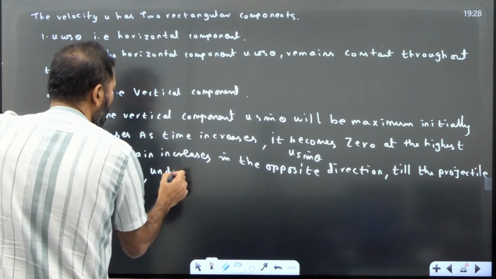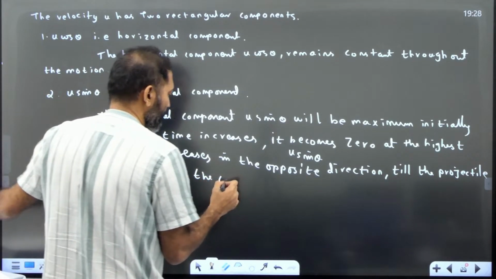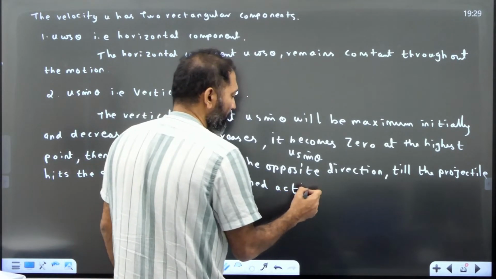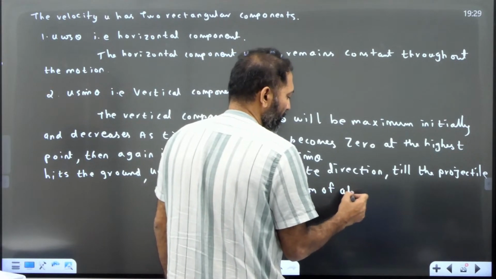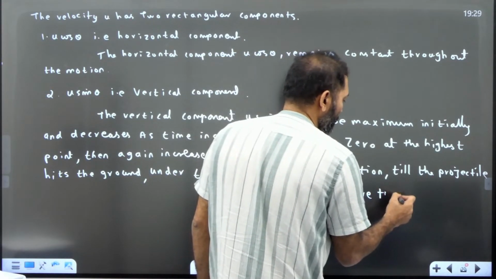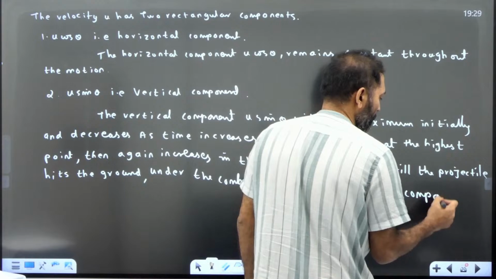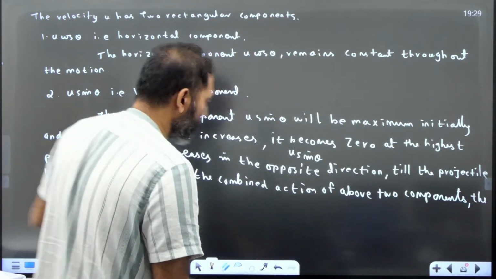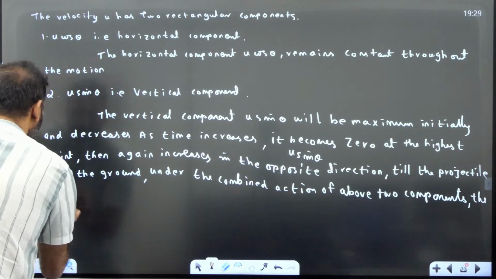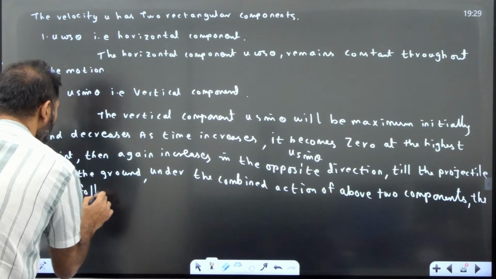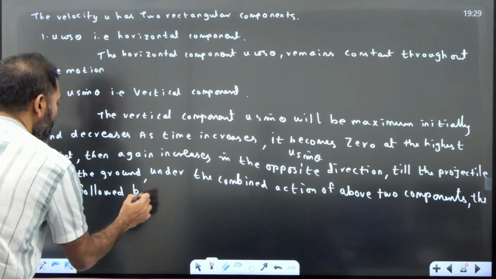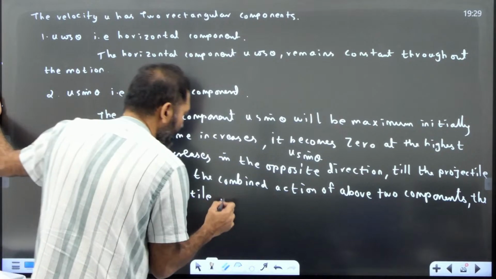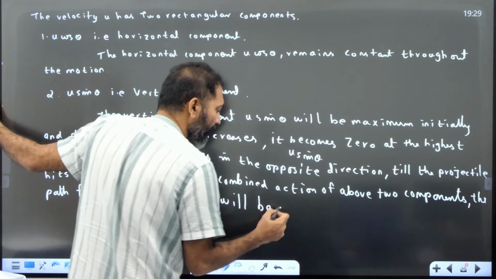Under the combined action of the above two components, the path followed by the projectile will be a parabolic path, which is a very important point.